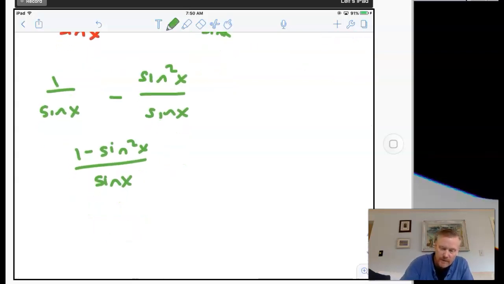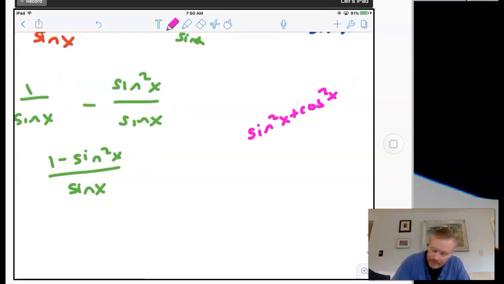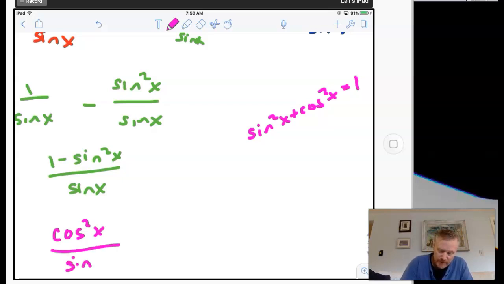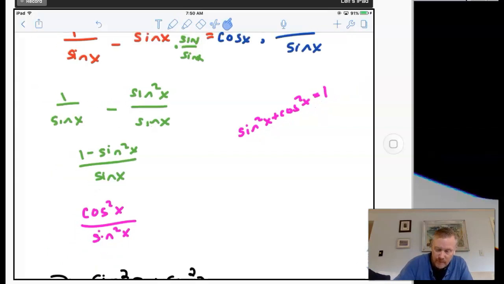Now, my Pythagorean identity is, remember, sine squared plus cosine squared equals 1. So if I manipulated that and I subtracted sine squared from both sides, that would give me cosine squared of x over sine squared of x, okay?